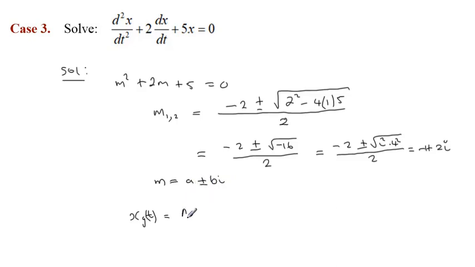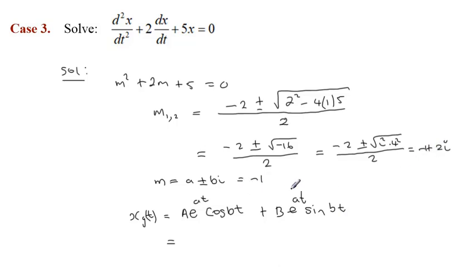You get an undetermined coefficient a, e to the power a t, cosine b t, plus the next undetermined coefficient b, e to the power a t, sine b t.